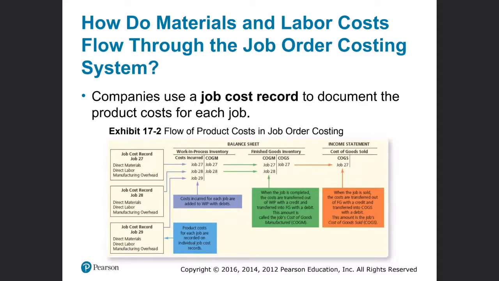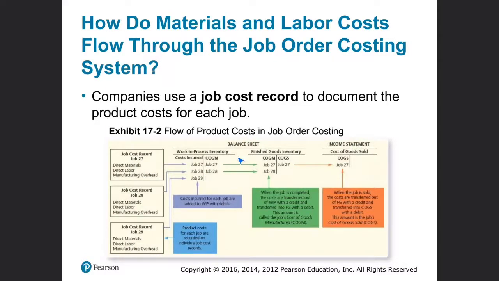Here we have an example with a few different jobs: job 27, job 28, and job 29. It shows how each of these jobs moves through the flow of our product cost in our job order costing system.